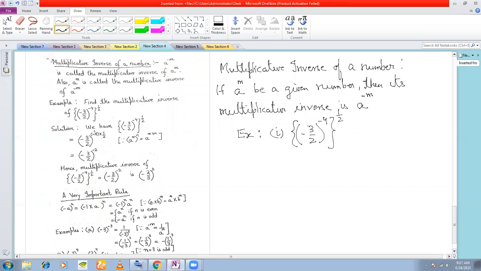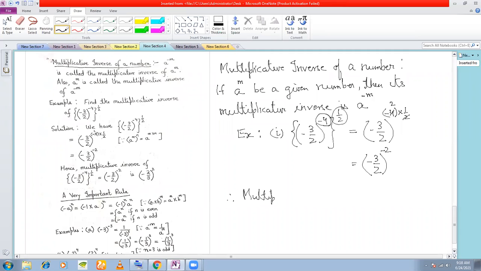How will I find it? First of all, see there are two powers, right? Minus 4 and half. So I first convert to a single power by law 3. What do I do? I multiply the powers. Minus 4 into half, right? So now I get minus 3 by 2 raised to the power of minus 2, right? So now I have a single power. So therefore, what is the multiplicative inverse?